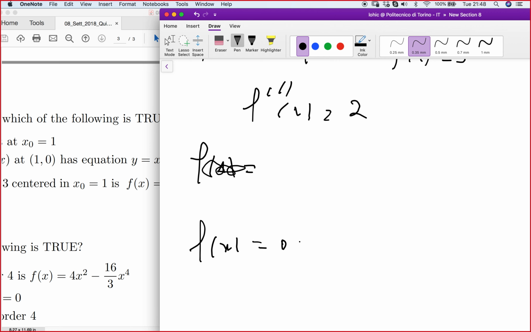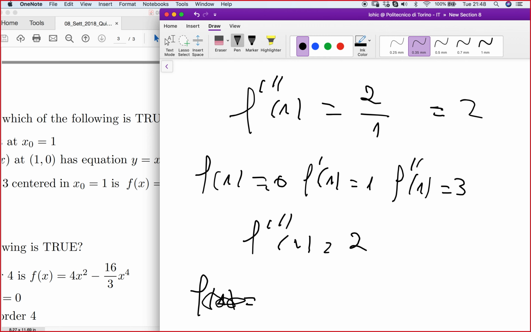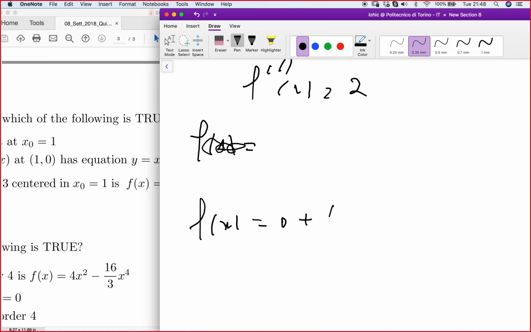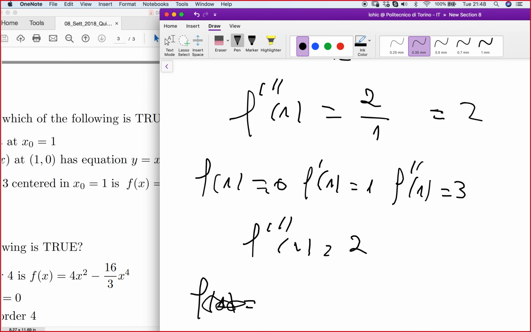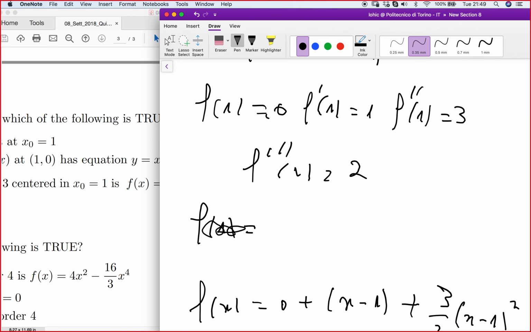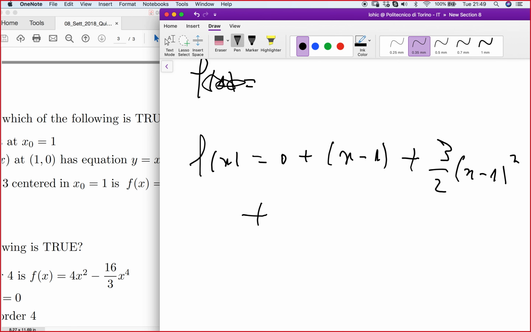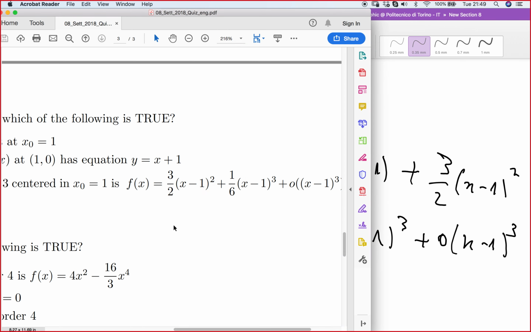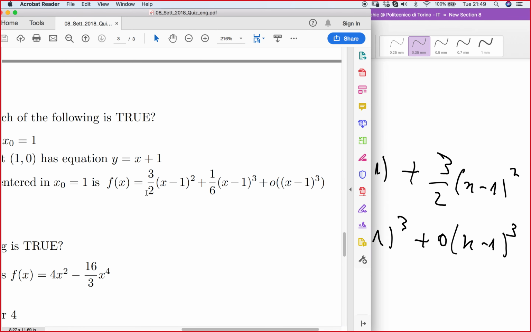Then plus f prime of 1, which is 1, so 1 multiplied by x minus 1, plus the second derivative, which is 3, so plus 3 over 2 multiplied by x minus 1 squared, plus the third derivative, which is 2 over 3 factorial, which is 6, multiplied by x minus 1 cubed, plus little o of x minus 1 cubed. If you check, this Taylor expansion is not the same because we missed the first part.